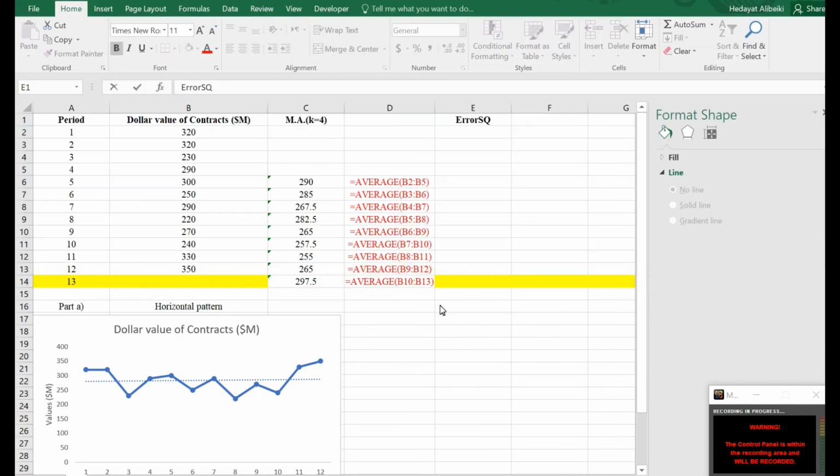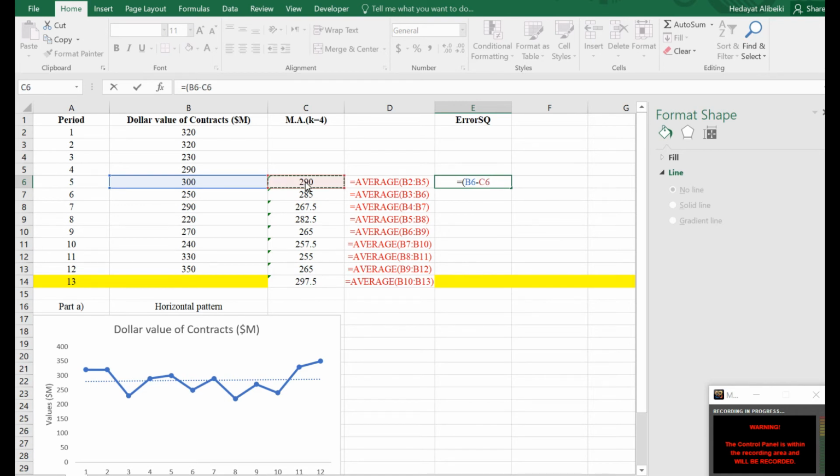So let me just go back here. So error squared. Error would be the actual observation, the actual value of contracts for each period, minus the forecast.